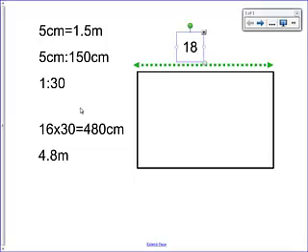Let's change it a little bit. We want to draw a diagram. Instead of going from the diagram to reality, let's go from reality to the diagram. Her house is 18 meters across here. How long would that drawing be if it were on the blueprint? Using the very same idea here, try to figure it out. I'll give you a couple of seconds.